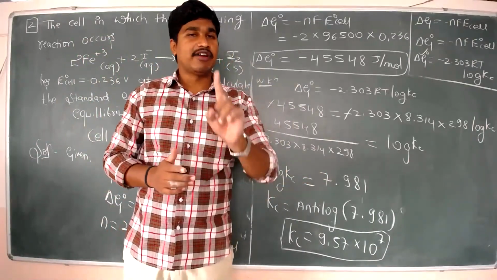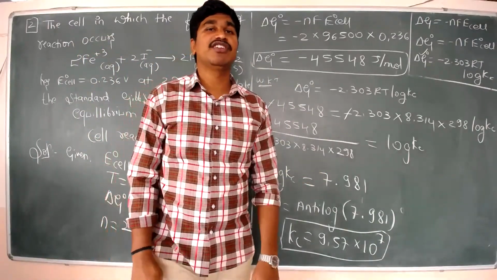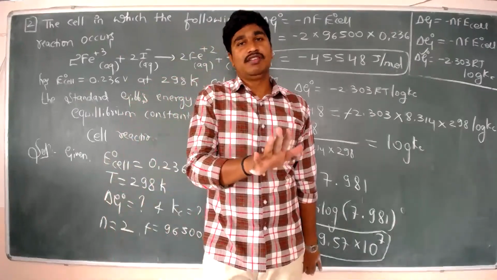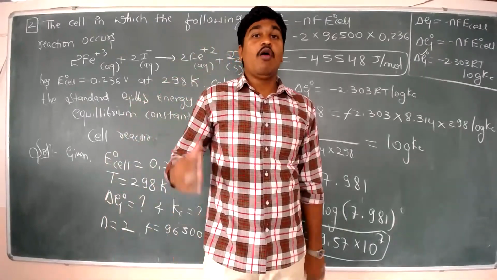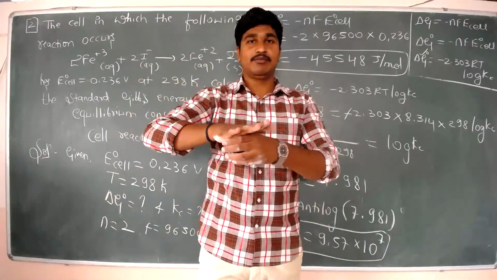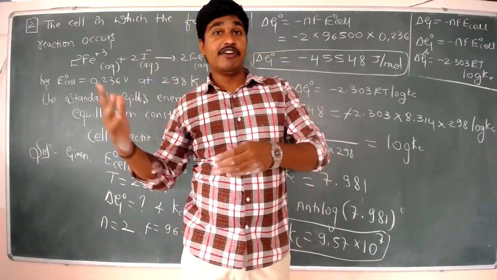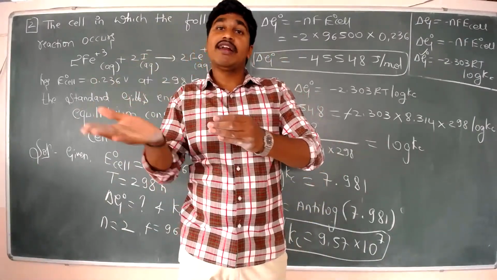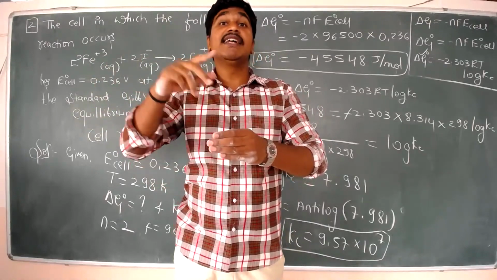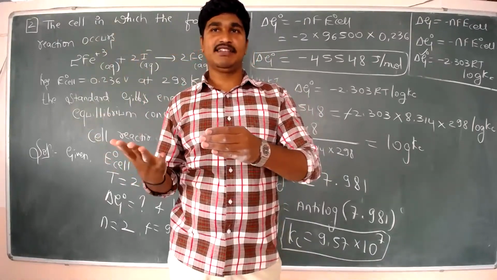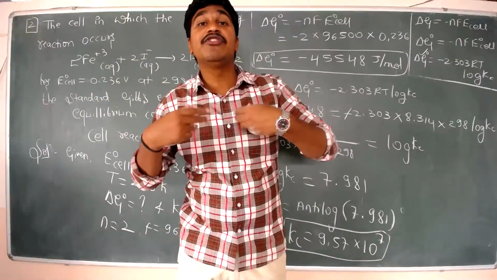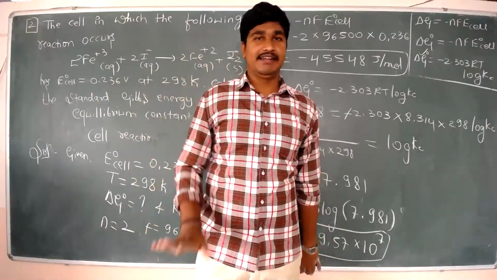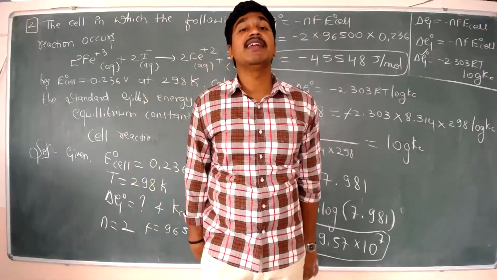Electrical work done can be calculated using the formula charge into electrode potential. Work done on the system is different from work done by the system. Work done on the system means an increase in energy. When the system is doing work, there is a decrease in energy. I am taking minus delta G.